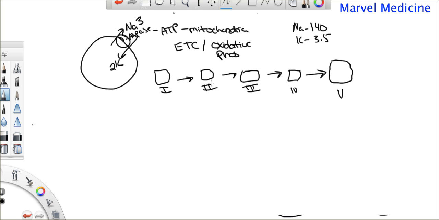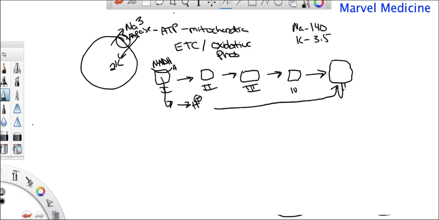Now, what happens? NADH comes here, drops off hydrogen, gives it a hydrogen, and this basically gets pumped through, okay? Inside here, we get a bunch of hydrogen building up down here, right? A bunch of hydrogen building up, what happens? It goes all the way to 5 here, right?